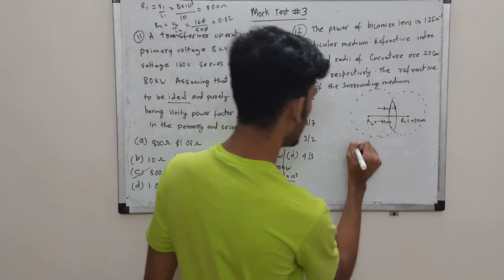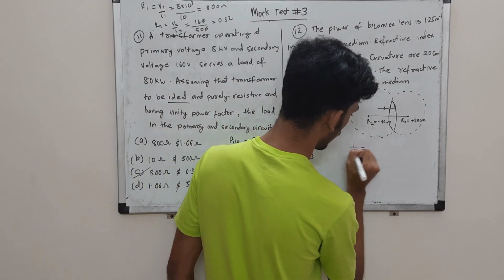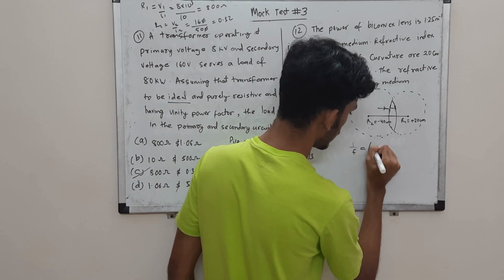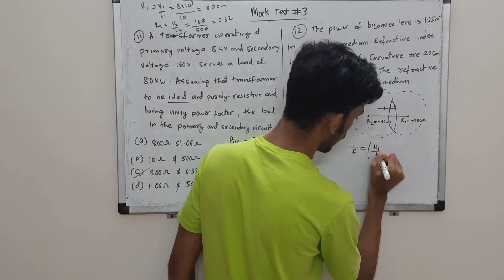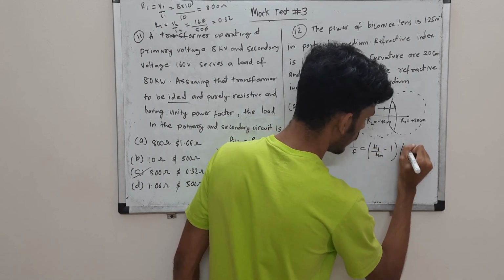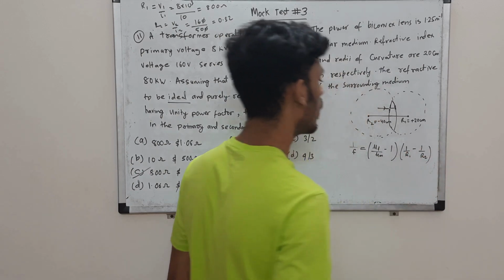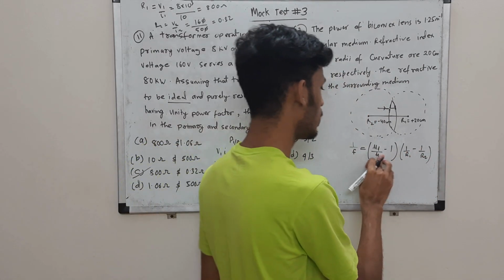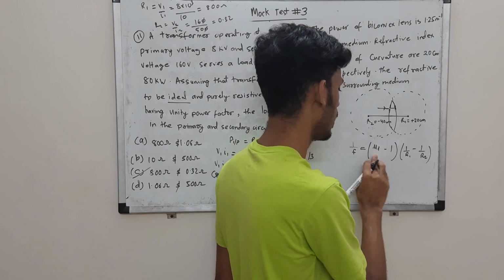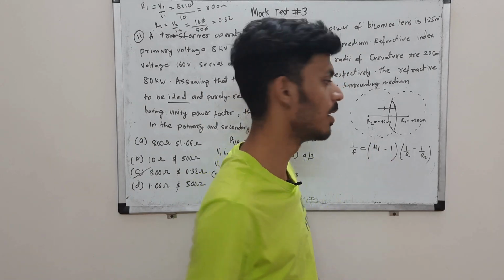Now just use the lens maker formula, which is 1 upon f is mu of lens upon mu of medium minus 1 into 1 upon R1 minus 1 upon R2. Usually in your NCERT you just find it this way, because here you consider the medium to be air.